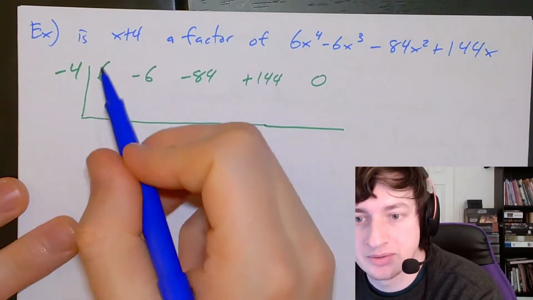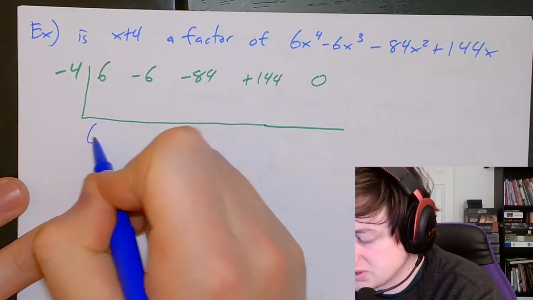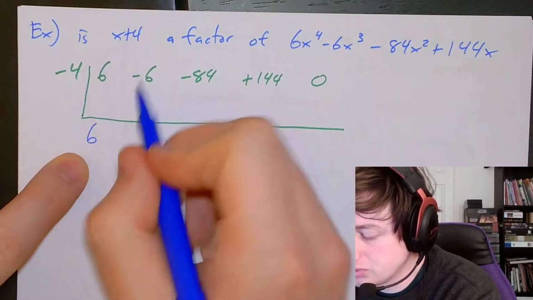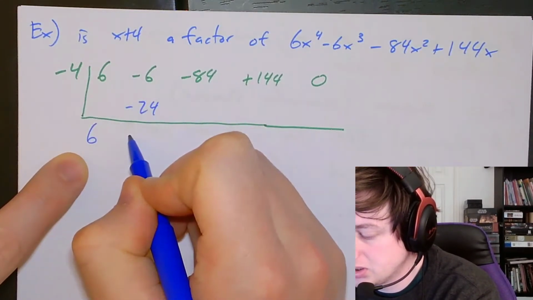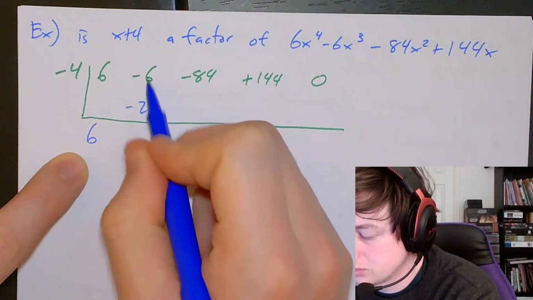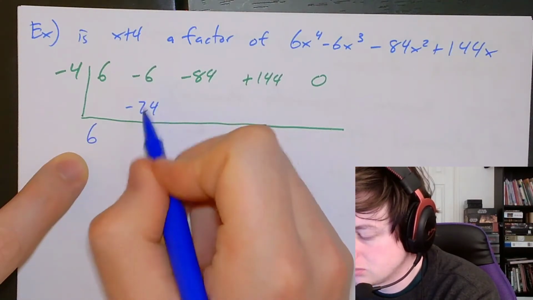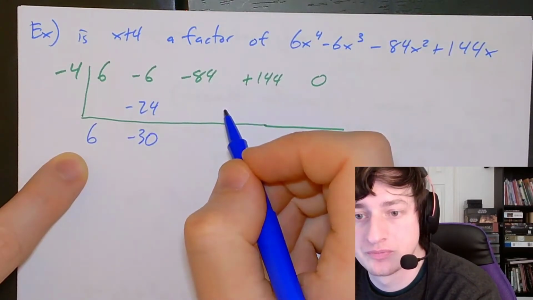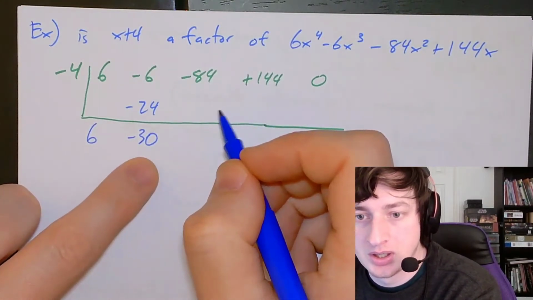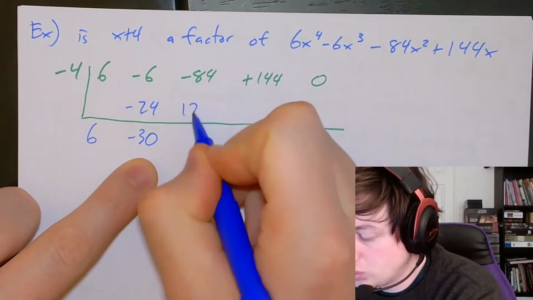So we're going to add down. So we get 6 times negative 4, negative 24, makes a negative 30. Seems rather large. Times negative 4 makes a 120.